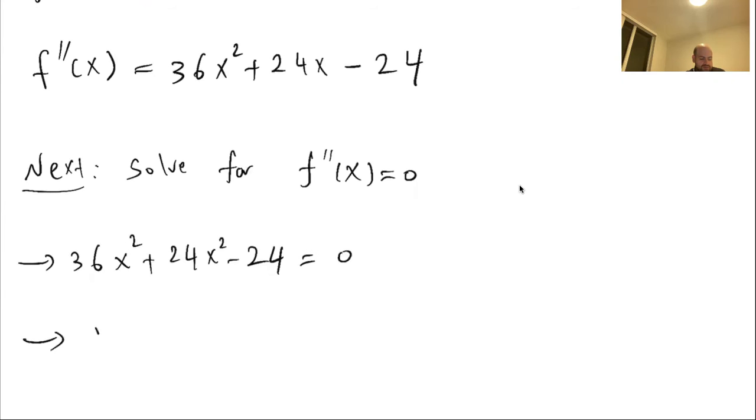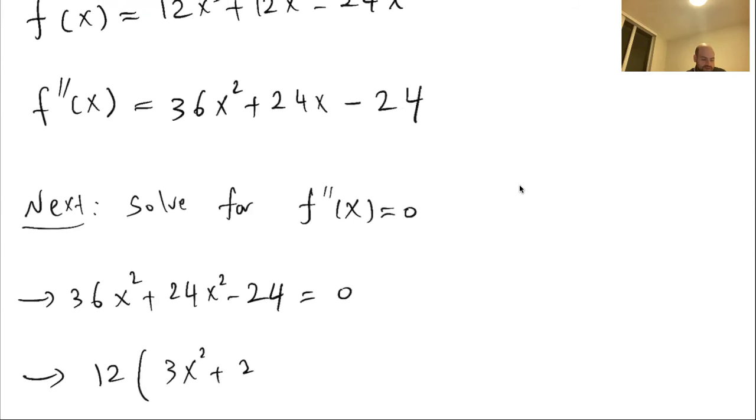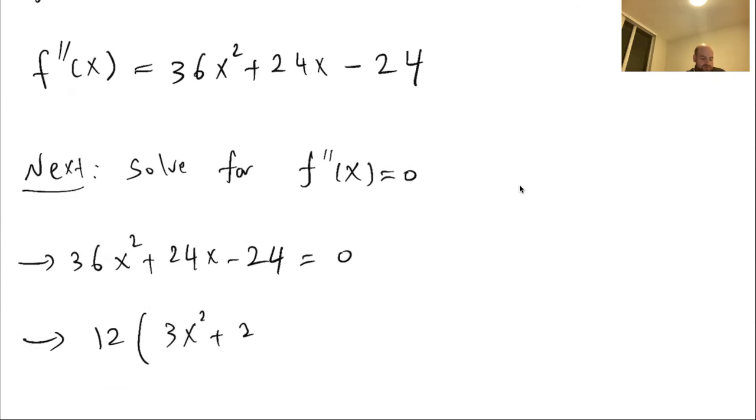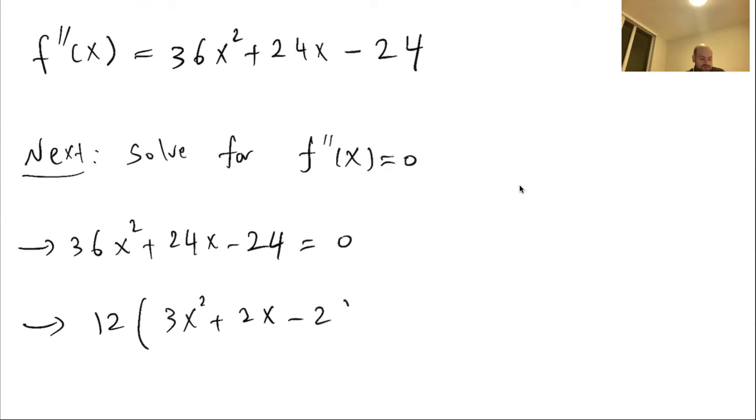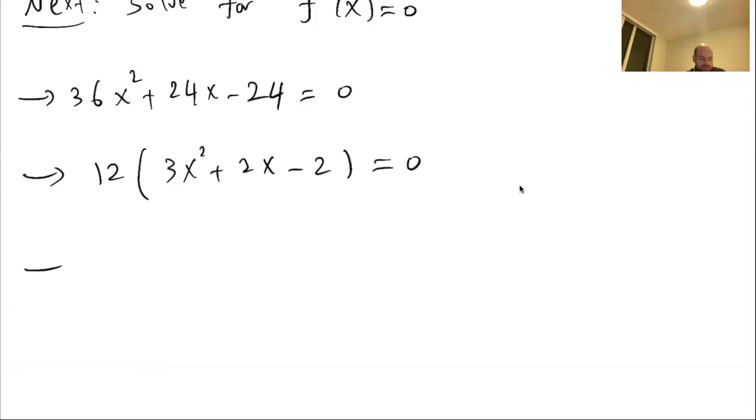I can factor 12 out: 3x squared plus 2x minus 2 equals 0.